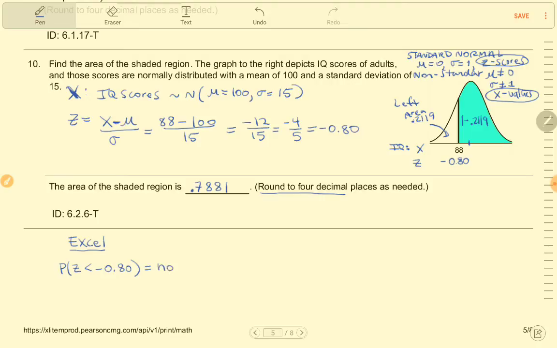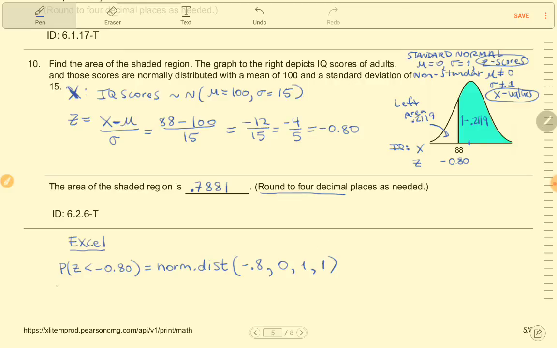I can find that doing norm dot distribution with a boundary of negative 0.8, mean of 0 because I'm talking about a z-score, standard deviation of 1, and 1 for cumulative. So that is actually going to give me the same answer I got out of my table.